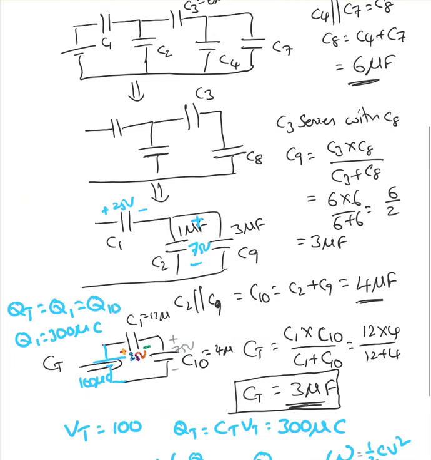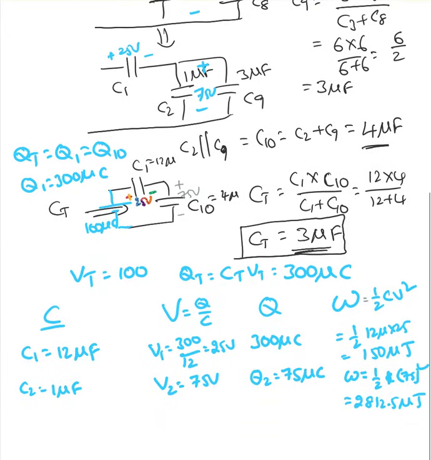If you look here, I know the voltage across these two must be 75 volt. If you remember, in parallel charge division takes place, right? So what is the charge across C2? We just found the charge across C2 is 75 microcoulombs. What is the total charge? 300 microcoulombs.